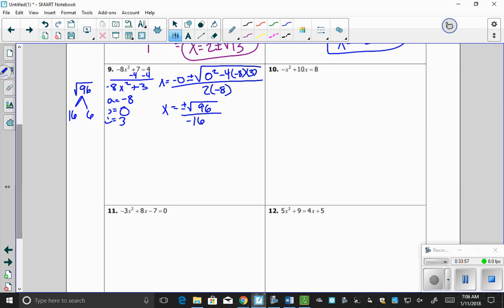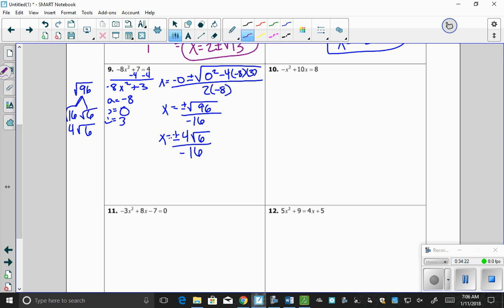So when you do 96 divided by 16, you should have gotten 6. So square root both, and you get 4 square root of 6. So here I'm going to get x equals plus or minus 4 square root of 6 over negative 16.